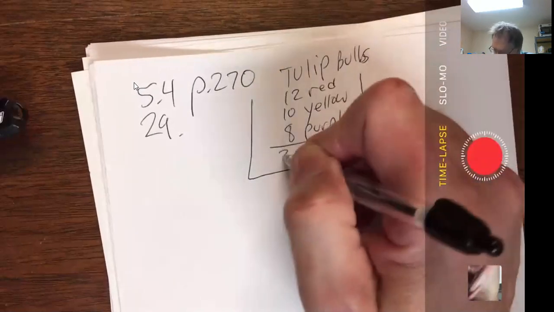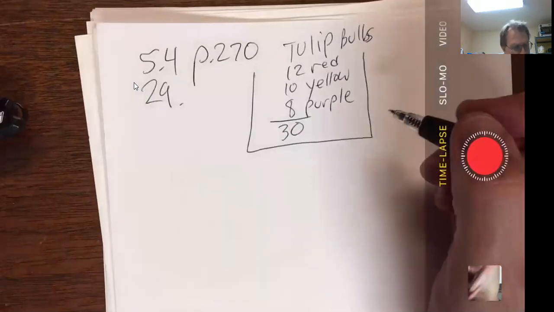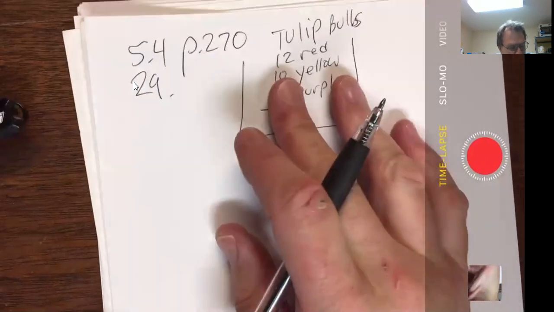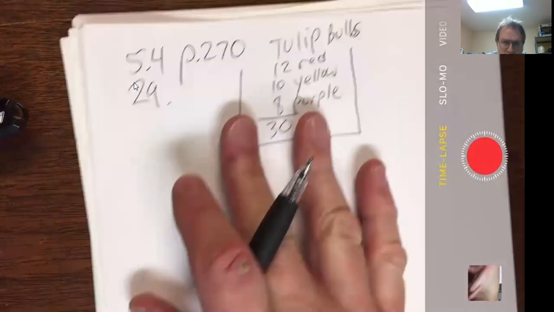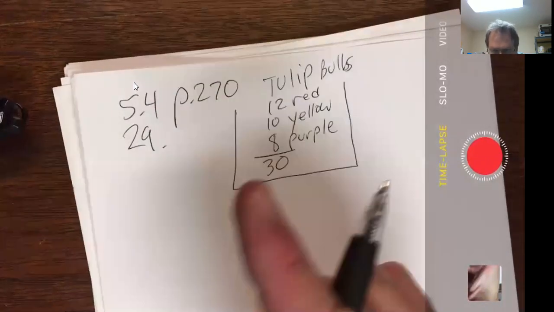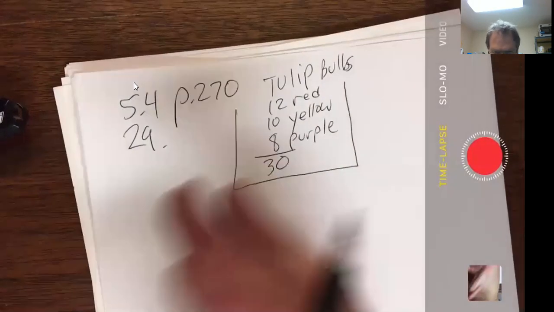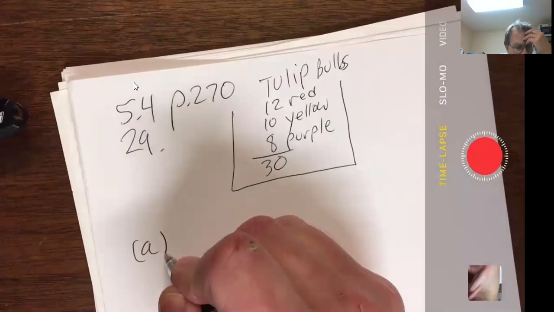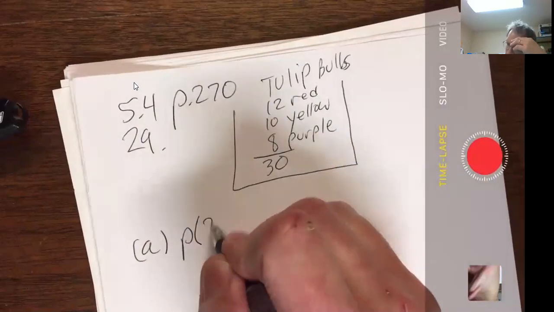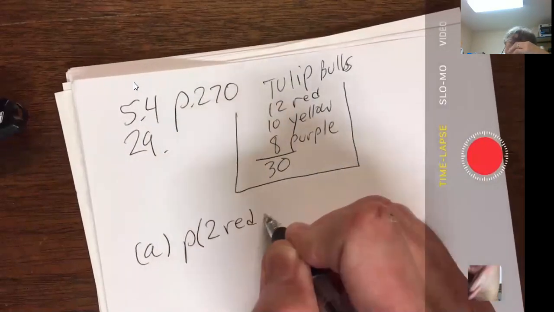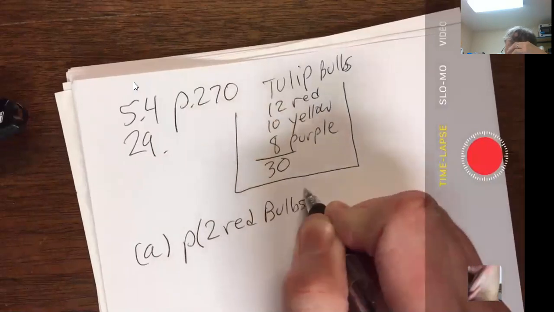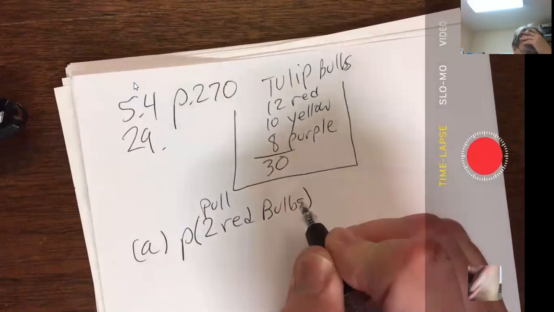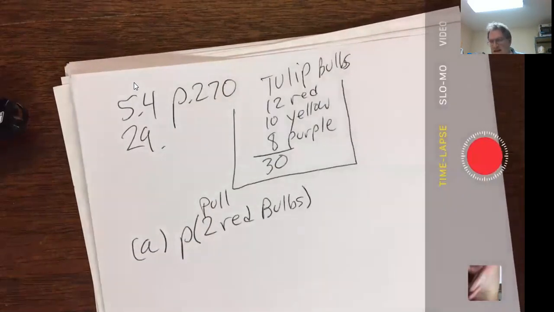They tell you there's 30, and sure enough, that totals 30. You don't really need a tree diagram, but this parallels the liking both songs or not liking two songs. Part A: probability of 2 red bulbs. In other words, you pull 2 red bulbs. Now they haven't said anything.